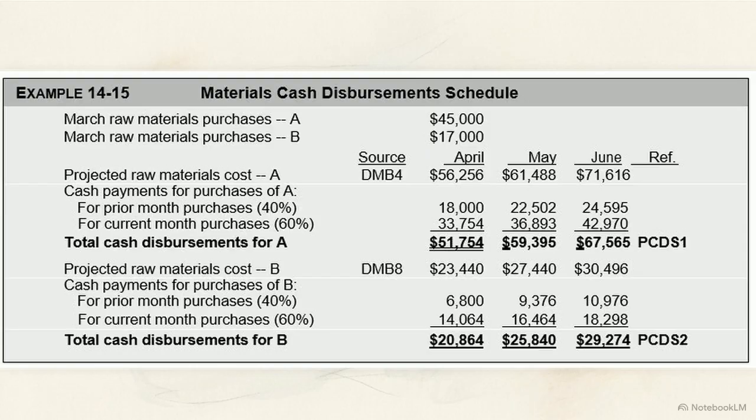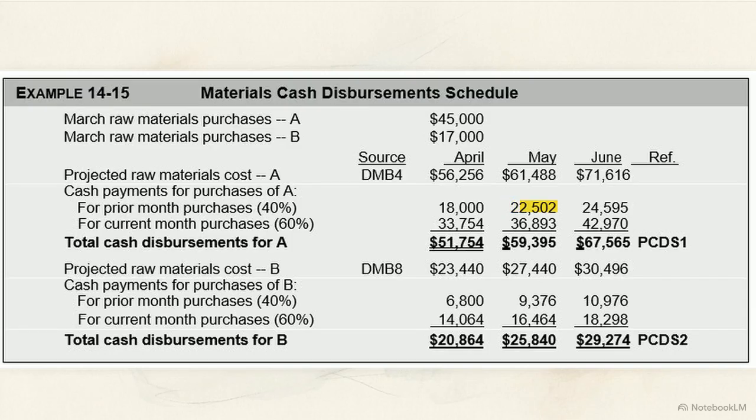Trace the math for Material A. In April, the projected accrual expense for raw materials is $56,256. Under the 60-40 rule, that single expense splits into 2 cash outlays. $33,754 is paid immediately in April. The remaining $22,502 obligation shifts into May.